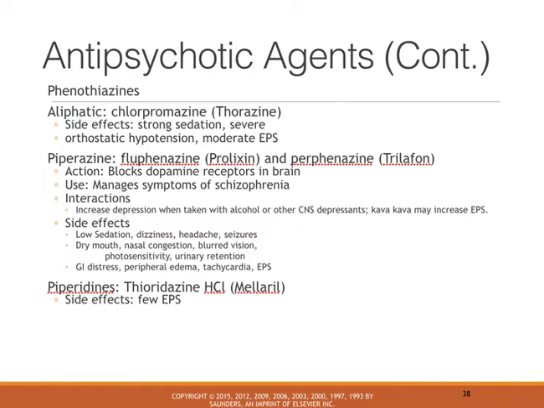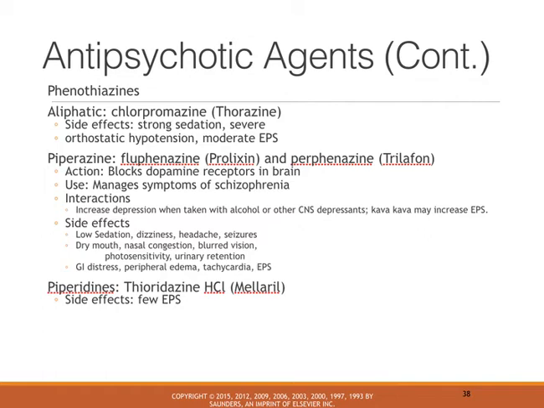Thorazine is useful, but it has strong sedation side effects and severe orthostatic hypotension. Prolixin is good for managing schizophrenia. It does have some side effects. You'll see the anticholinergic ones again, so dry mouth, nasal congestion, photosensitivity, urinary retention, that sort of thing.